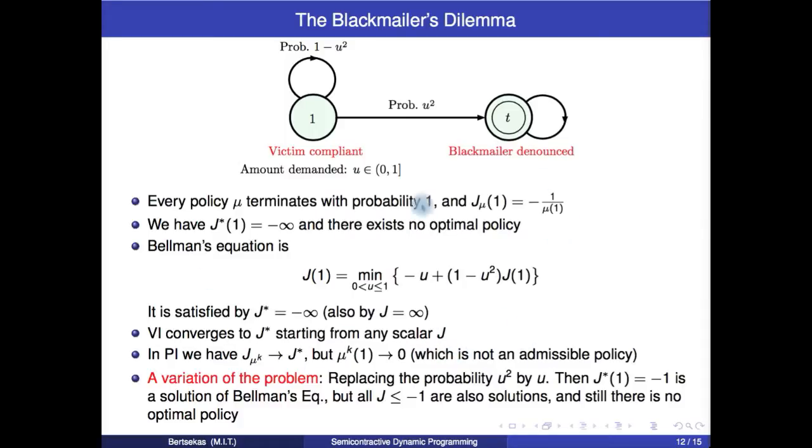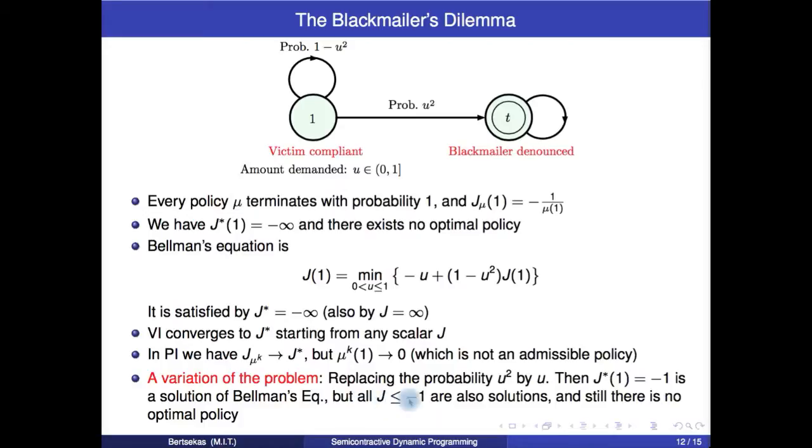This problem has several variations. One possibility is to replace u squared with u. Then the optimal cost turns out to be finite. It's minus 1. However, there is no optimal policy again. If you look at Bellman's equation for this problem, you'll find that it has an infinite number of solutions.